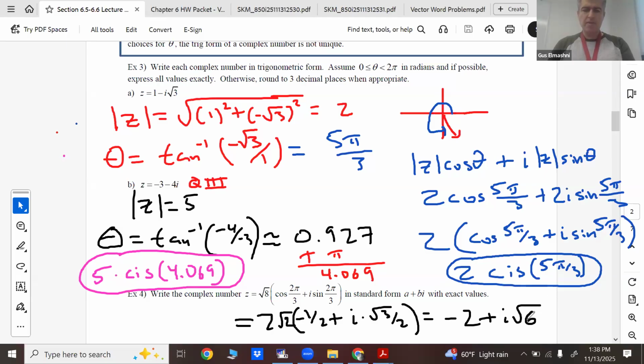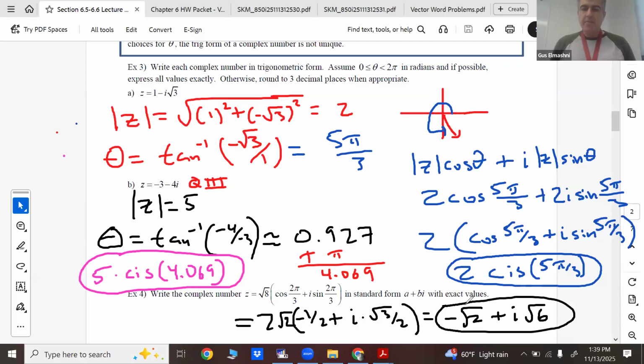What did I do wrong? Oh, sorry. Yes, the first one. Okay, cool. Right. Negative root 2 plus i root 6. You guys agree with that? Yeah, cool. Okay.